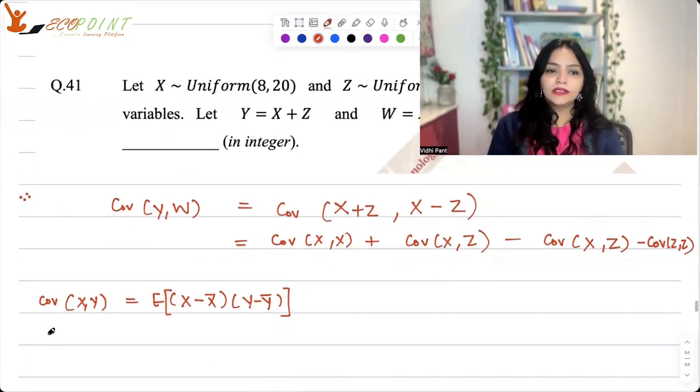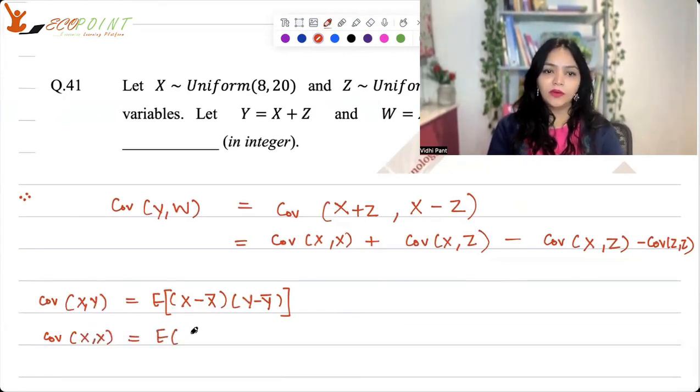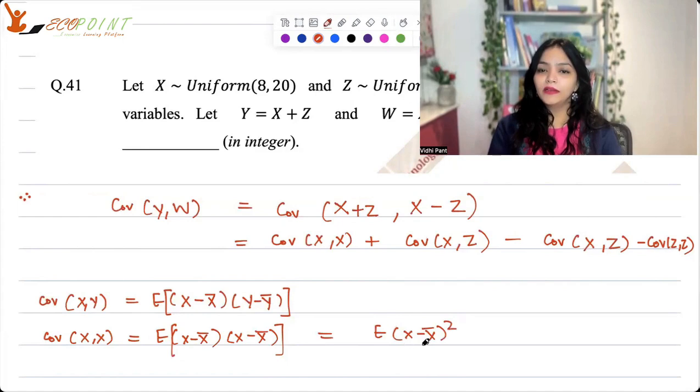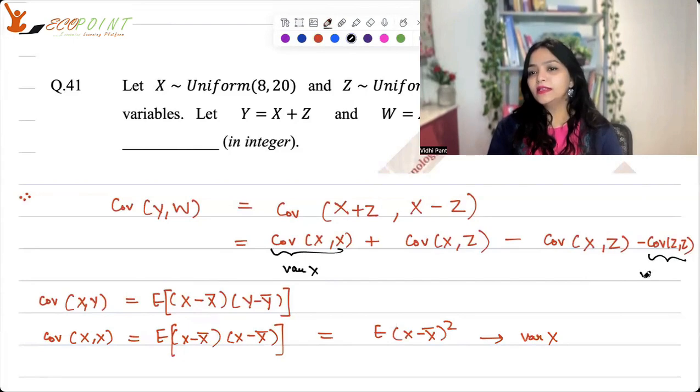So in case I have covariance x comma x, it's expected value of (x minus x bar) into (x minus x bar). So it's the expected value of (x minus x bar) square, which is nothing but variance of x, okay? So basically, this is nothing but variance x. This is nothing but variance z, okay?